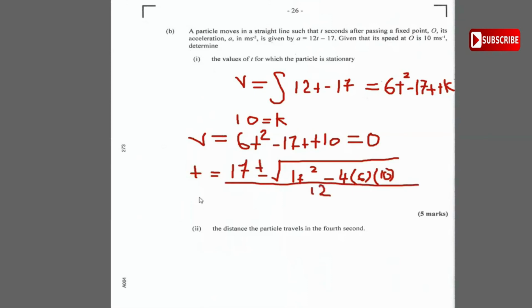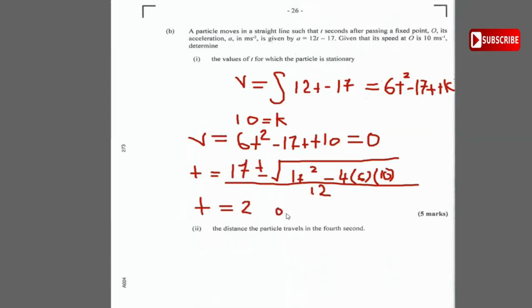So the values of t work out to be: t is equal to 17 plus the square root of 17 squared minus 4 times 6 times 10, that's 7. So 17 plus 7 divided by 12, I get t equal to 2, that's one answer.